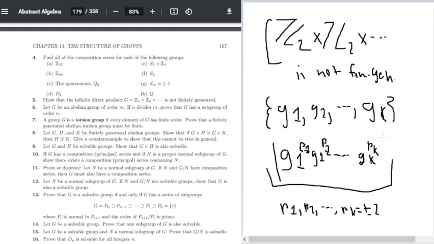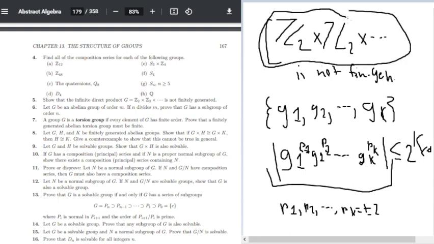So the order of the group generated by elements of this form is less than or equal to 2 to the k. Actually, I think it's equal, but it's strictly less than infinity. However, this group has infinite order, while the subgroup generated by it has finite order. Therefore, we can't have a group with finite order generate a group of infinite order, because literally the orders do not even match.